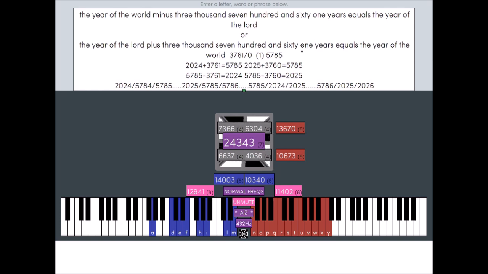teacher of it. But it happened to be Tevet 17th, which would have been the very last day of 3760, not the last day of 3761, but the last day of 1 BC.